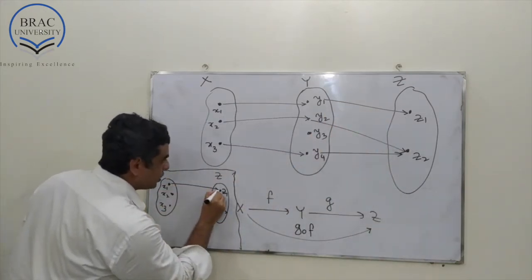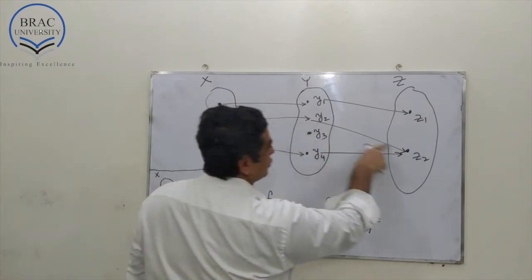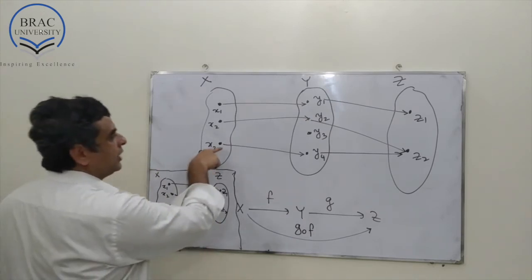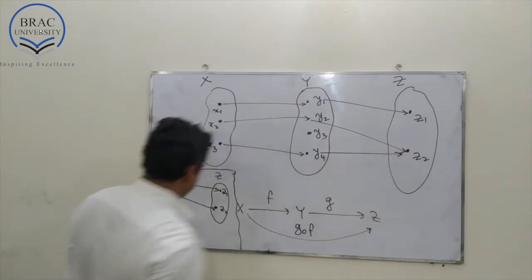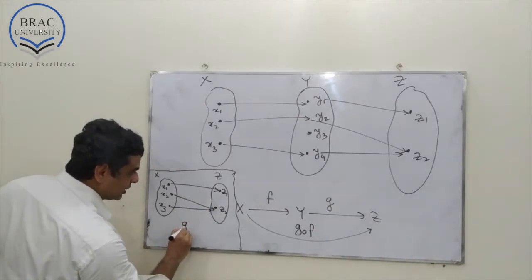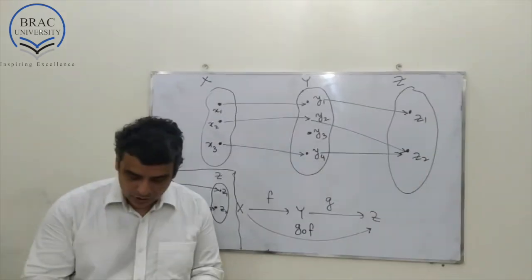X1 goes to Z1. X2 goes to Z2. And X3 goes to Z2 also. So this is precisely g composed with f. Good.